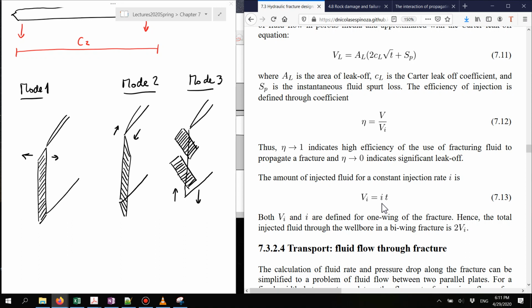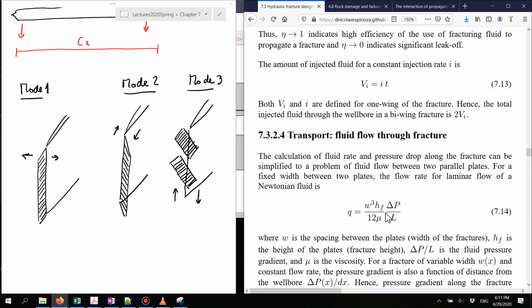So if you want to compute the total amount which is injected at the wellhead, you need to multiply this times 2, because you would have most times 2 wings instead of just 1 wing in a fracture. All right, this is the problem of the leak-off.